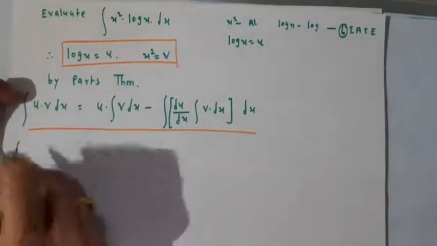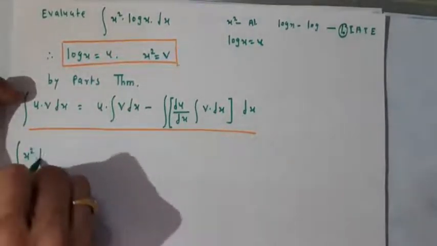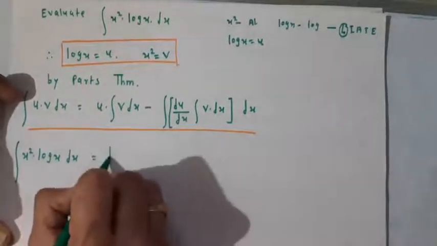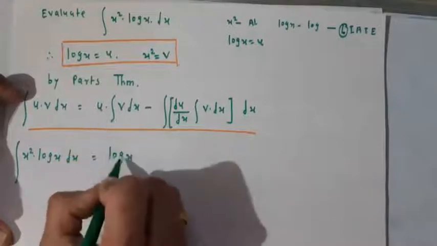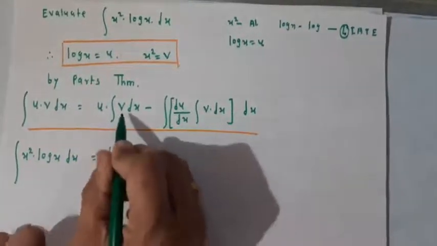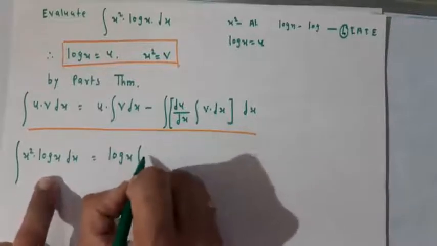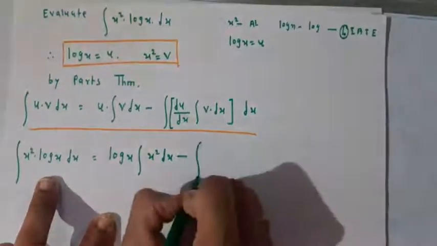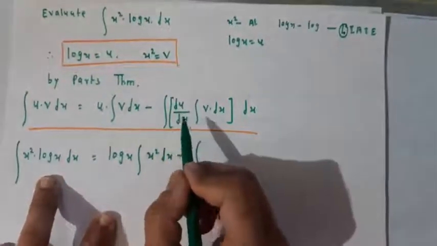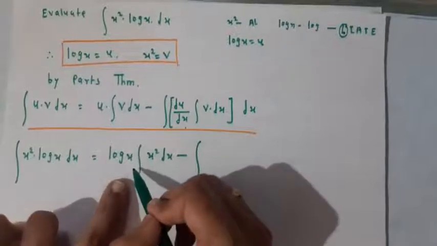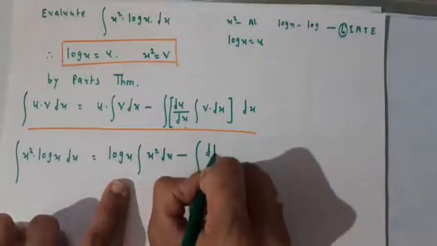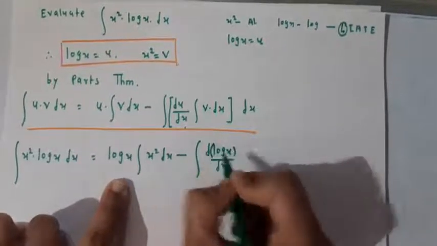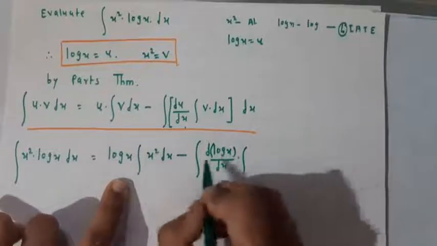Hence integration of x square into log of x with respect to x is equal to log of x, that is u as a constant, integration of v, that is integration of x square with respect to x, minus integration of differentiation of u with respect to x. The u function is log of x, so differentiation of log of x with respect to x, into integration of the v function.